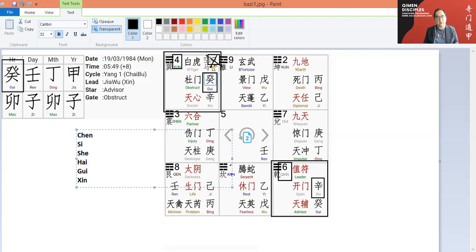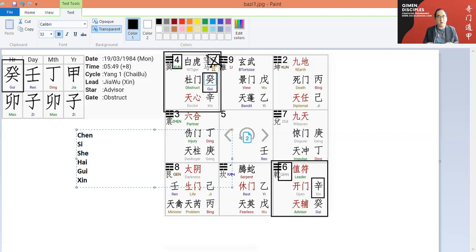Basing on that, we have to see whether the emptiness in this particular chart is fake or not. In this case, it's based on the Taisui year, that means this emptiness is fake. Then we have to cross out the emptiness.